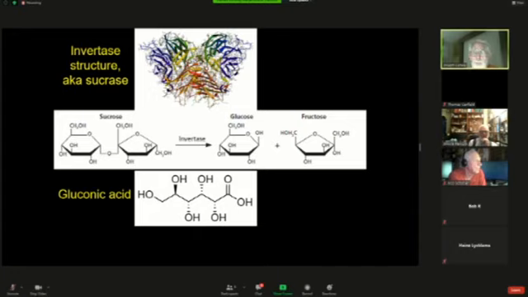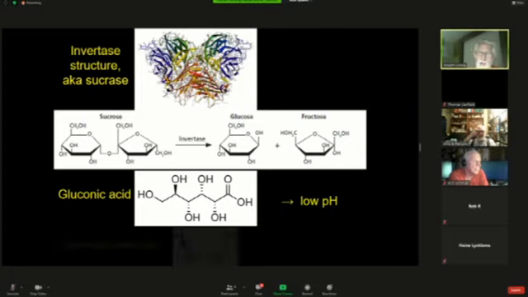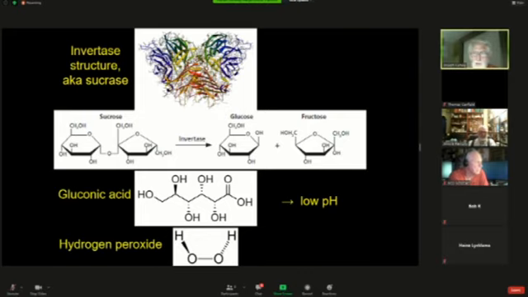Other substances produced by the same gland besides the sucrase or invertase include gluconic acid, and the reason for the gluconic acid is to lower the pH, to make it more acidic. Also found in the secretions from this gland is hydrogen peroxide, H2O2.